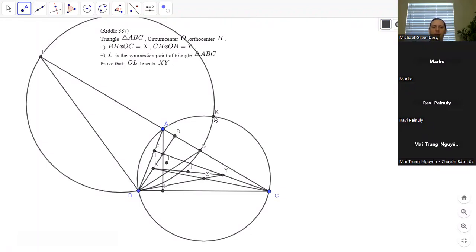Okay. So BL times LK is the power of K. That must just be an angle chase to show that that's the median, right? And then BL times LK is AL, yeah. Interesting.